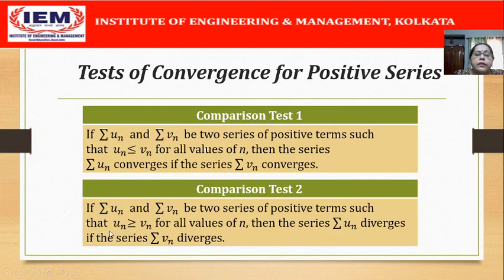But here un is greater or equal to vn. So that means sigma un is the bigger series and sigma vn is the smaller series. So if the smaller series diverges, again it's obvious that if the smaller sum is infinite, then the bigger sum will also be infinite and therefore sigma un will diverge.